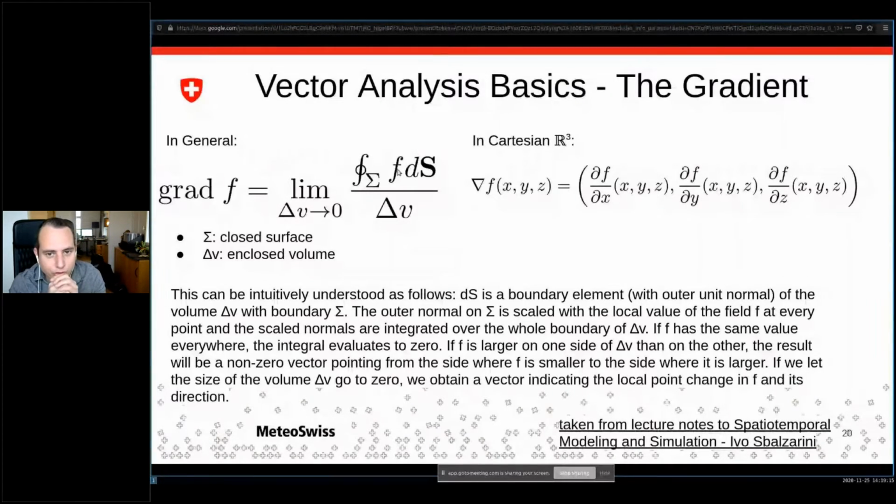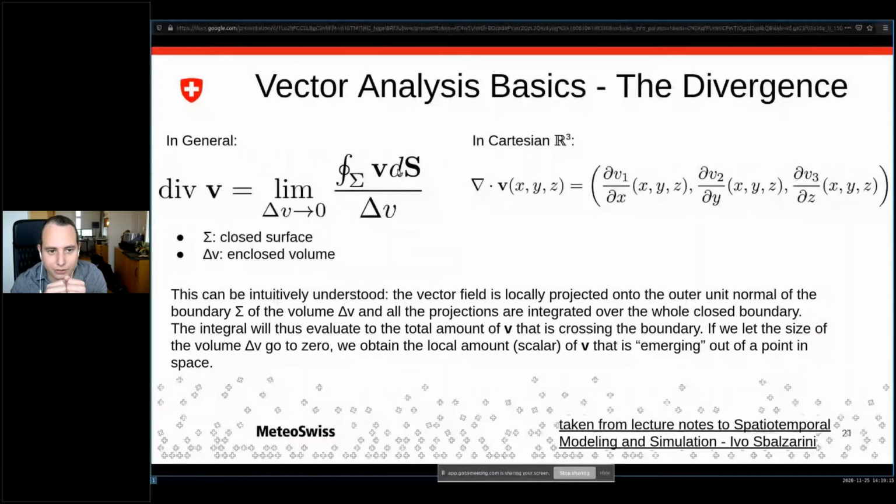For the divergence, which operates on a vector and gives a scalar, we can make a very similar argument. This time we are again on our volume, and we are again doing our walk around that volume. But this time we are seeing a vector field and a unit normal, and we're taking the dot product.